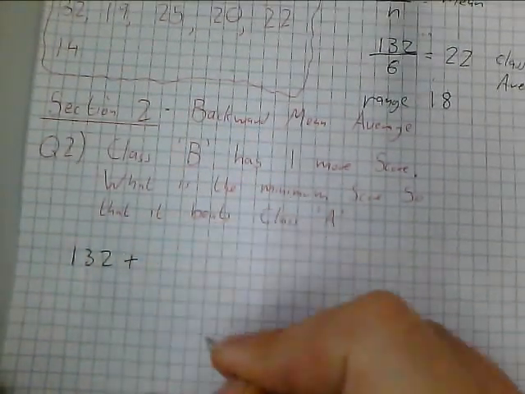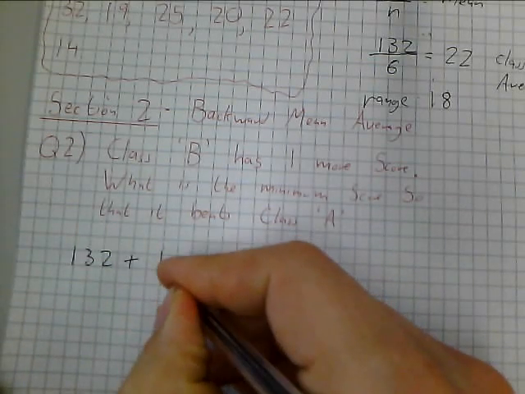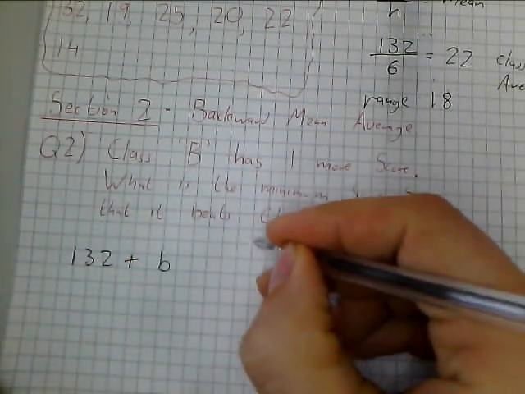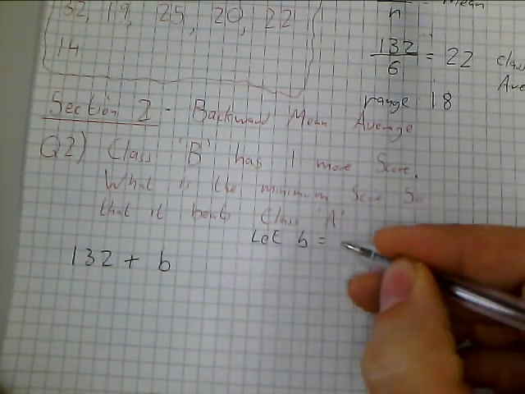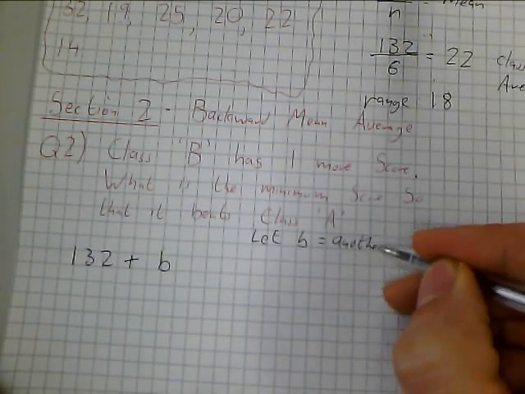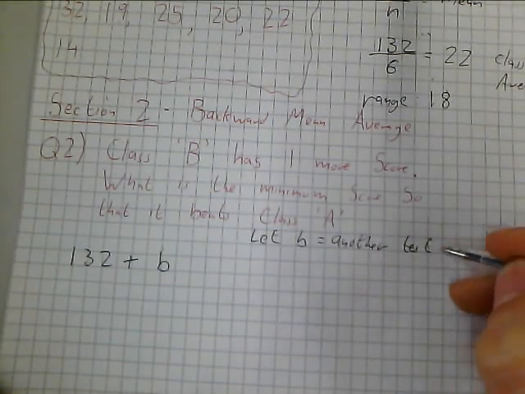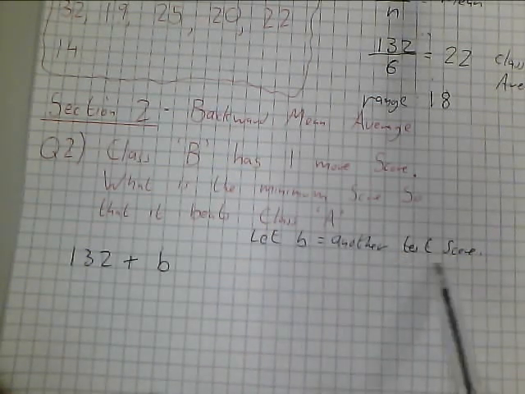Plus our extra number. We're going to call it whatever we want, so maybe B. So here I'm going to let B equal another test score, so that whoever's reading this knows that is what B means.